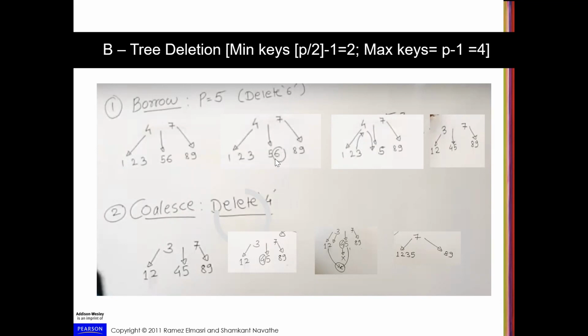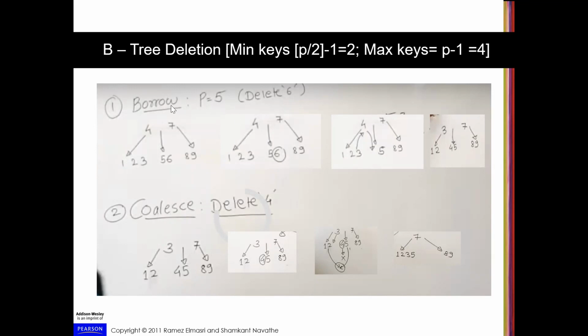For example, here at this node, we have 2 values. If I try to delete 6, I have to use a borrow method to handle the underflow. What do we mean by the term underflow? Underflow means the node has fewer than the minimum number of values. The minimum number of values is 2. If I delete 6, it will be 1. Then it means this node is underflowing, and I can readjust the tree by using a borrow method.